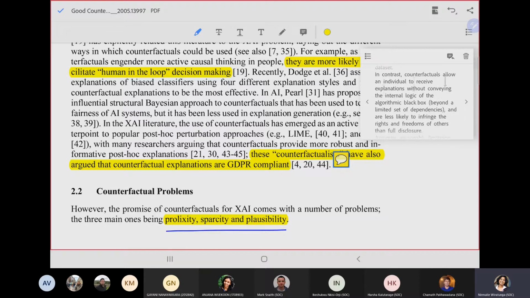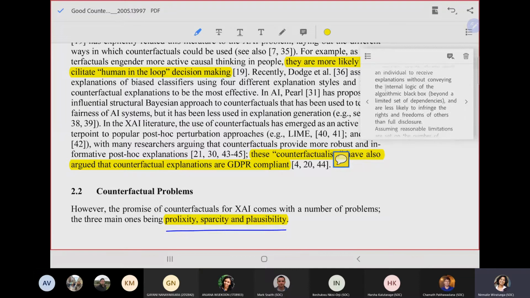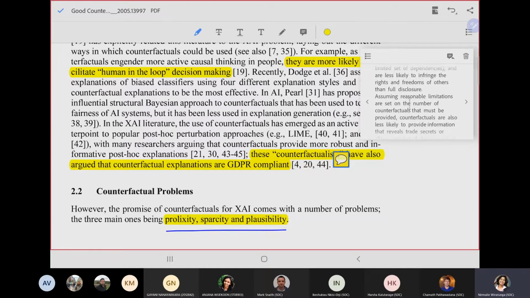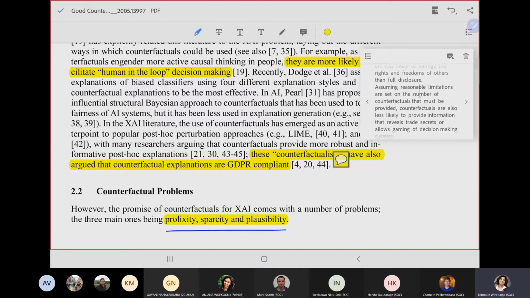In contrast, counterfactuals allow an individual to receive explanations without conveying the internal logic of the algorithm or black box beyond the limited set of dependencies and are less likely to infringe the rights or freedoms of others than full disclosure. Assuming reasonable limitations are set on the number of counterfactuals that must be provided, counterfactuals are also less likely to provide information that reveals trade secrets or allowing gaming of decision-making systems.